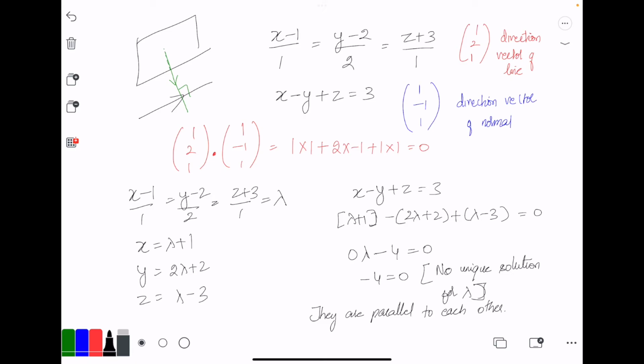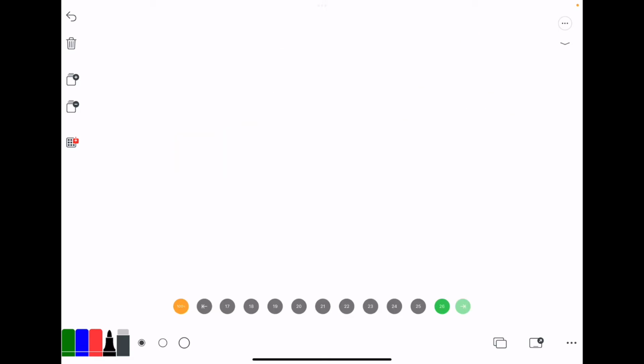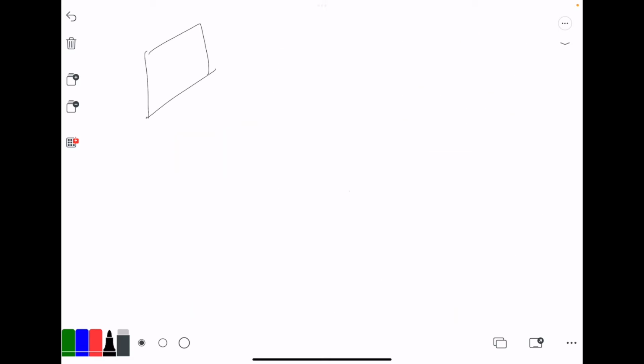If we have a scenario where the line lies on the plane, we will get an equation of the form, for example, in the previous step, 0 lambda minus 4 equals minus 4. Minus 4 equals minus 4 is true.